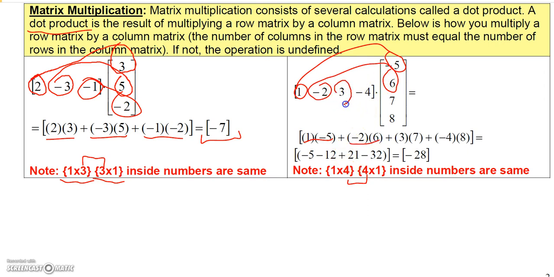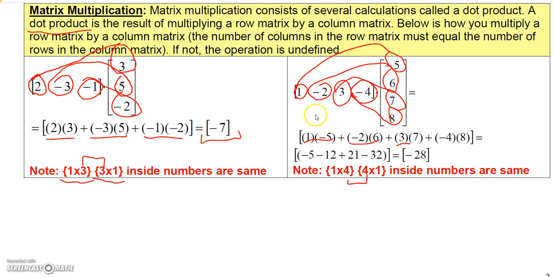Then the third entry by the third entry, that would be 3 times 7. And then the fourth entry by the fourth entry, that would be negative 4 times 8. So I end up with negative 5 minus 12 plus 21 minus 32. If you combine these together, you should get negative 28.